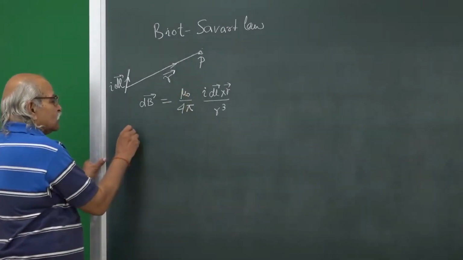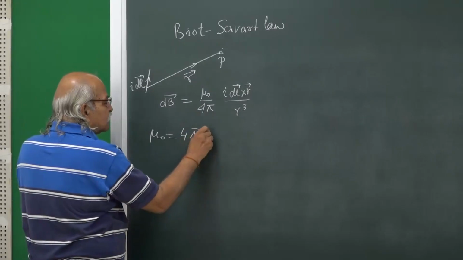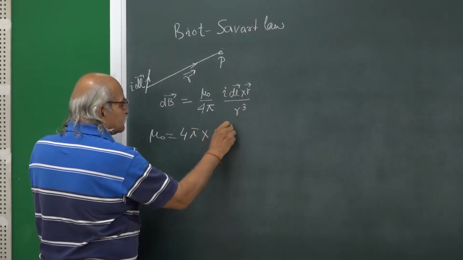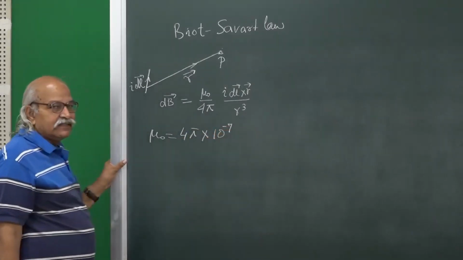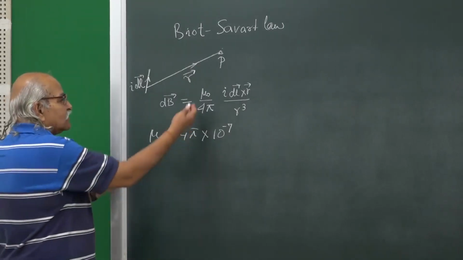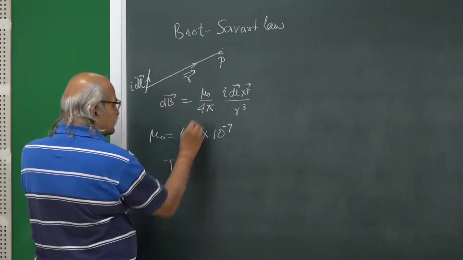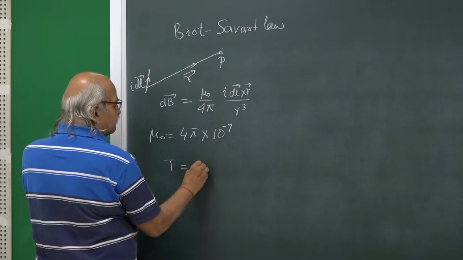This mu naught also, you know, it is 4 pi times 10 to the power minus 7 in SI units, and what the units are you can just work out from here. This side is Tesla and mu naught by 4 pi, we do not need.